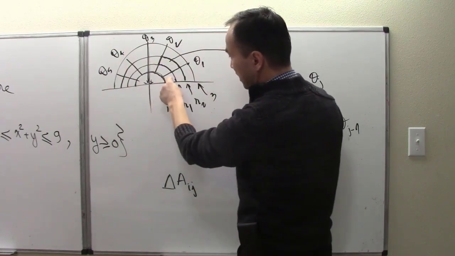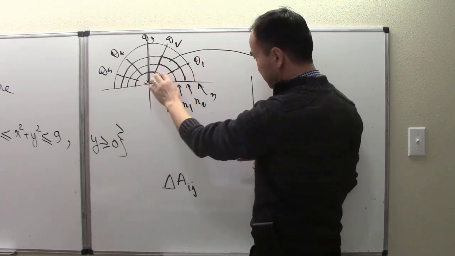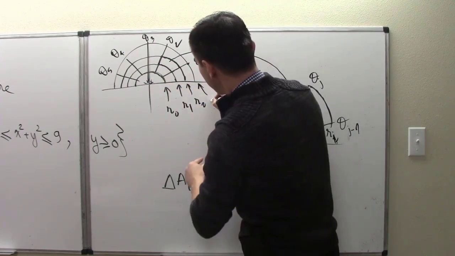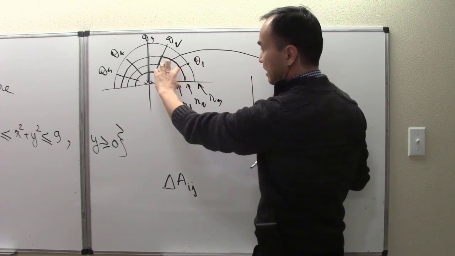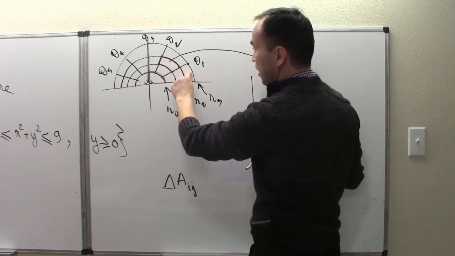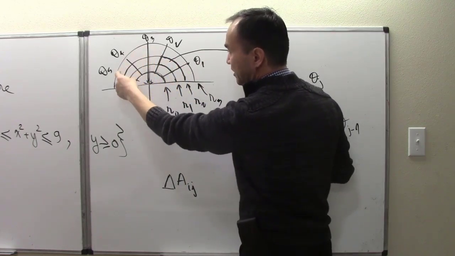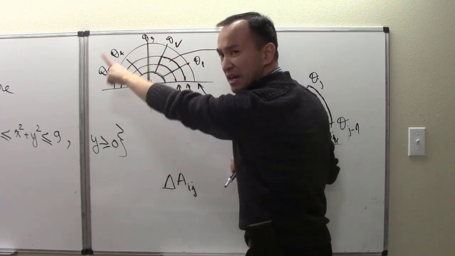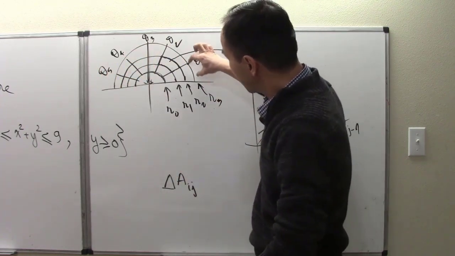So level 1, level 2, level 3. For this picture, I broke it down into the 3 levels of radius changes. And then here we have level 1, level 2, level 3, 4, 5, and 6 levels of the angle theta changes. So these are the sectors right here.